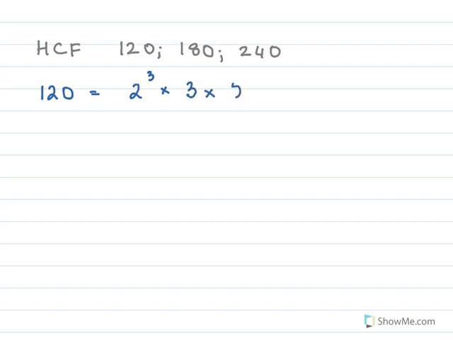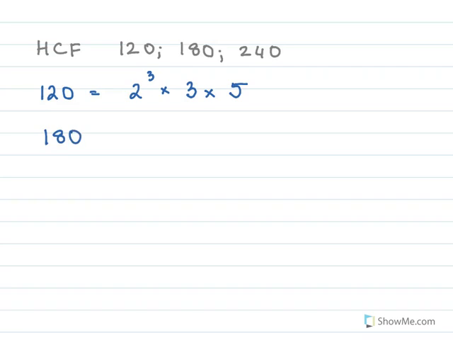So now we need to find the HCF of 120, 180 and 240. Prime factorization of 120 is 2 raised to 3 into 3 into 5.